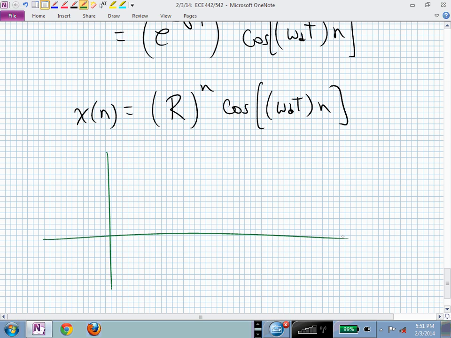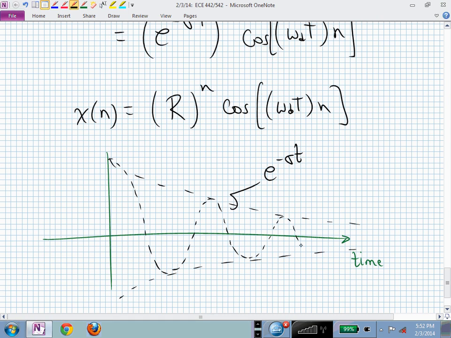Here comes my art class disaster again, but this is now time, and we could obtain this collapsing envelope, e to the minus sigma t, and we also have this cosine that's getting collapsed by this exponential decay.